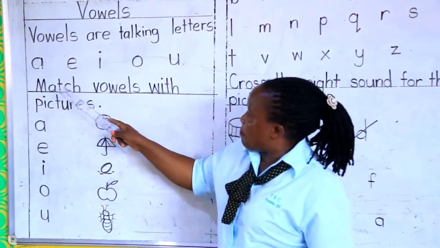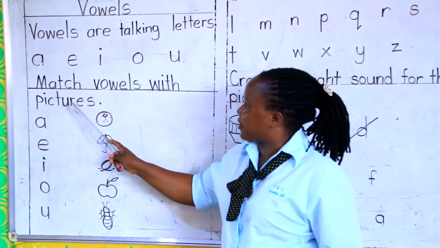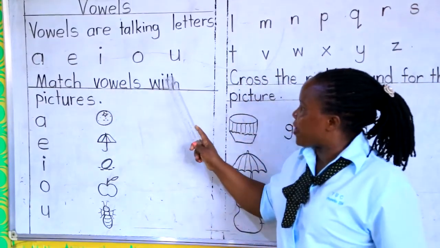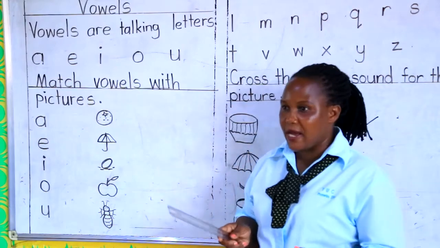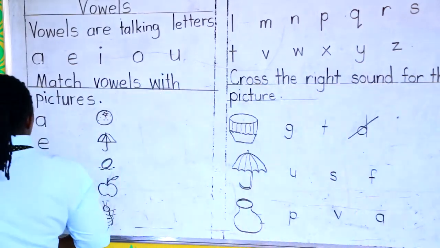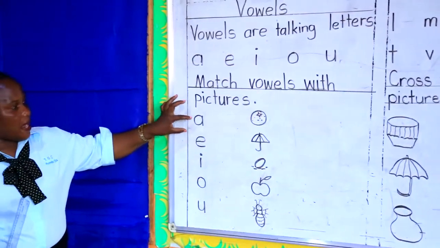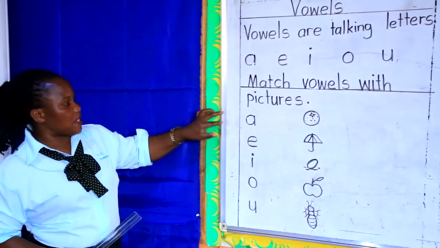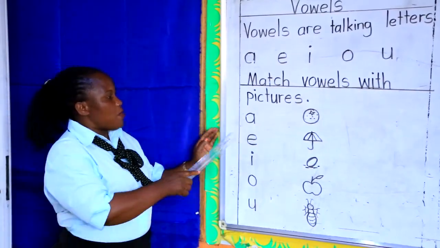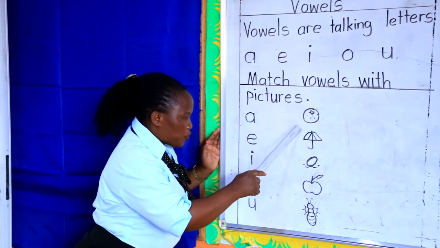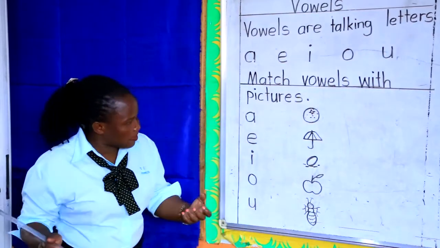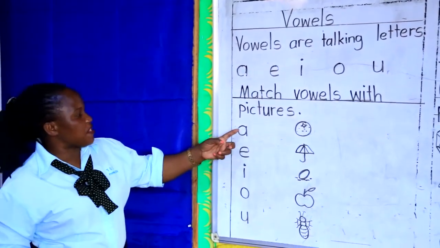Very good. Match vowels with pictures. Are we together? Yes. Very good. As you can see, this is the crossed U. What we are going to match, look at these pictures and ask yourself, which one starts with this vowel?